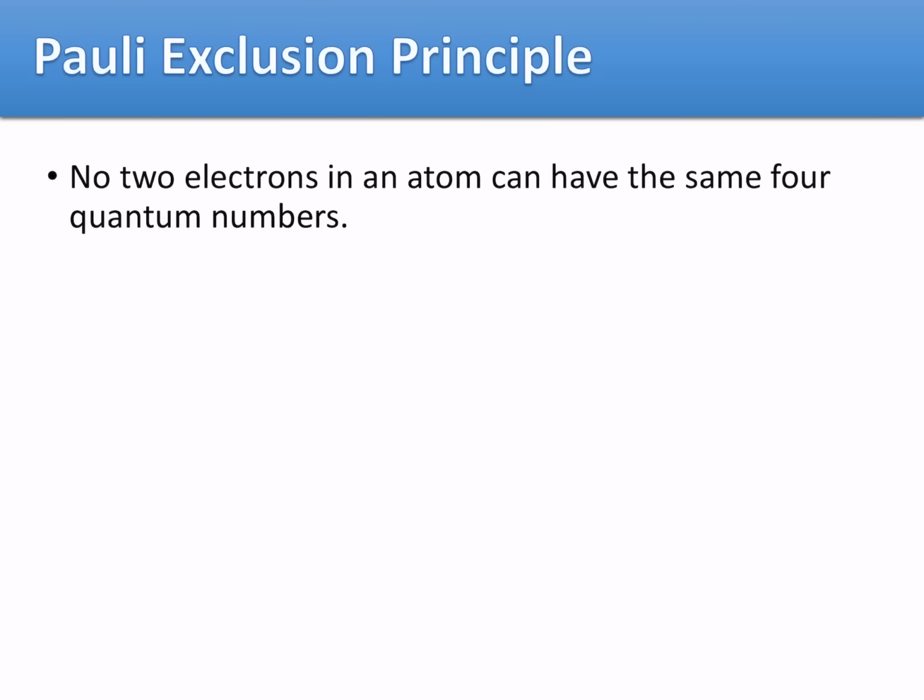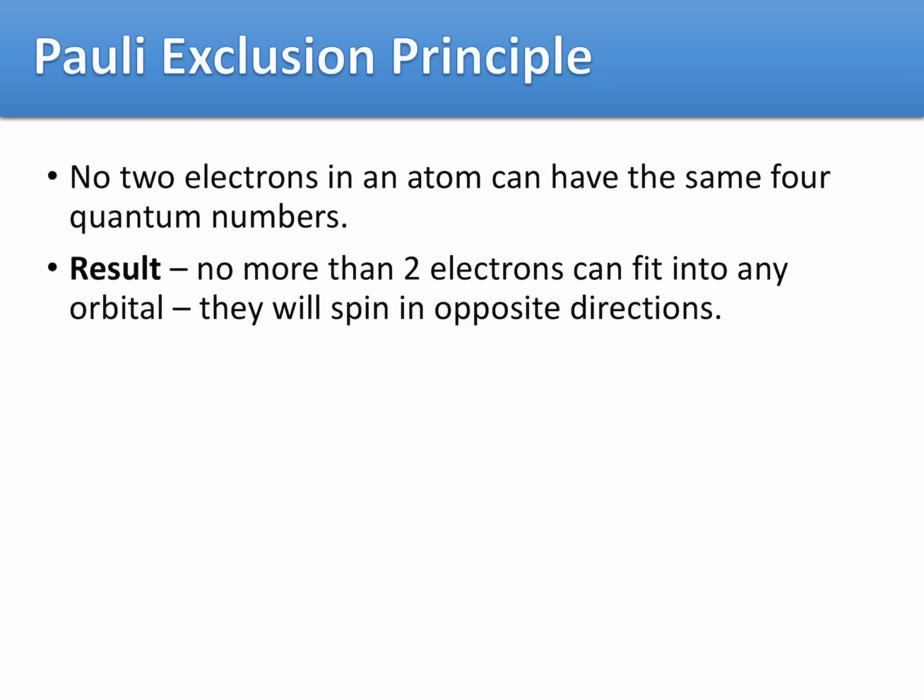One of the things that we were discussing last time was that if you have any two electrons in the atom, they must be different in at least one of the quantum numbers. So all four, remember, you will have n, l, ml, and ms. Two electrons cannot have exactly the same four quantum numbers. They have to differ in at least one of them.